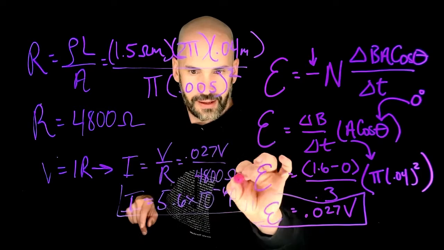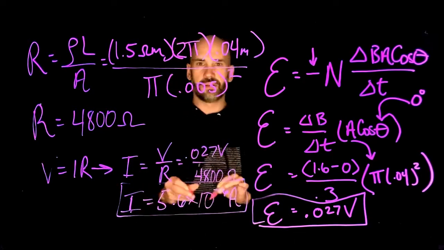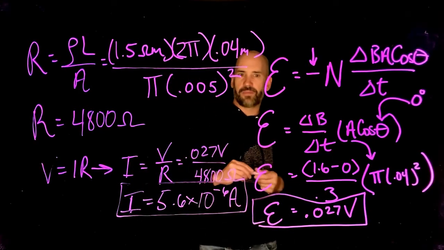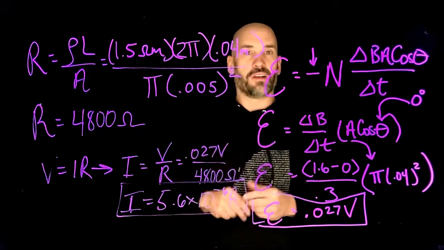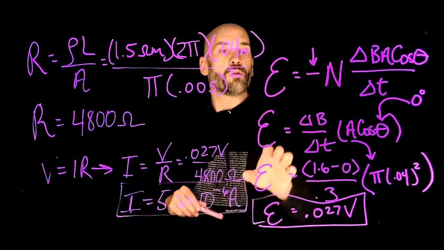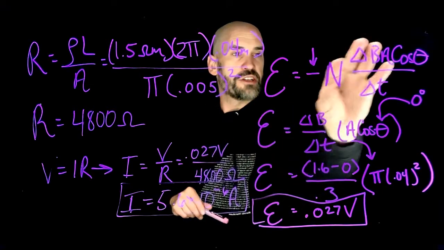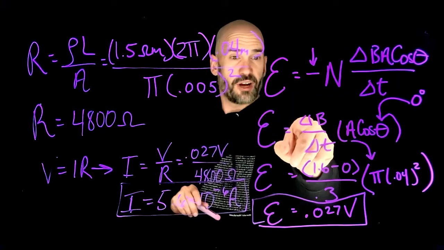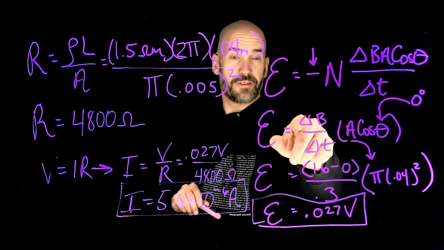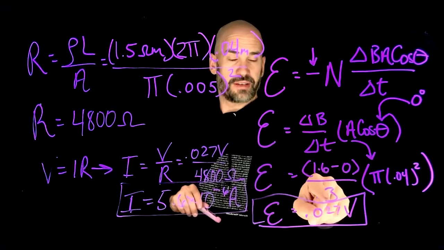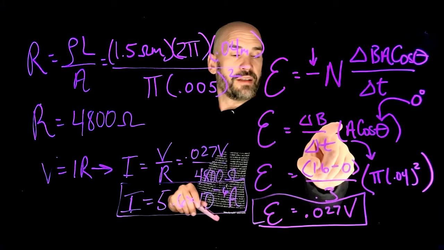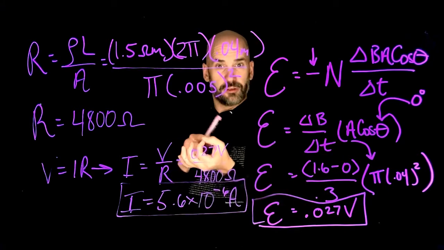Okay, check me on that. Make sure my calculations are kosher. But otherwise, we have done our first Faraday's law problem. In other words, we found the change in flux, which in this case is caused by the change in magnetic field over a certain amount of time, which in this case was 0.3 seconds. We calculated the area of this little loop of muscle.